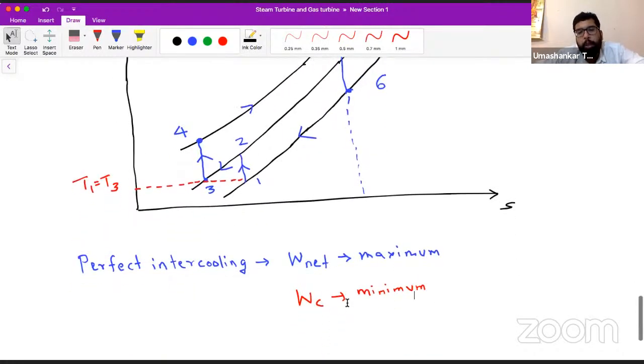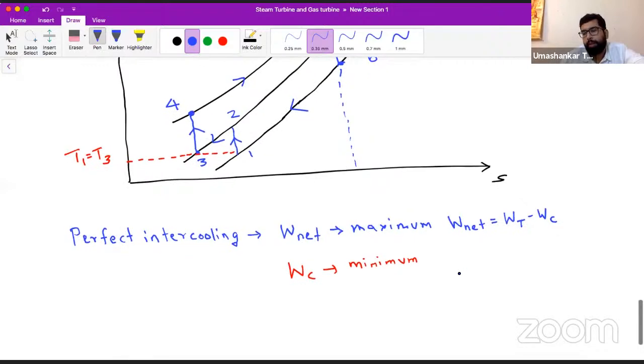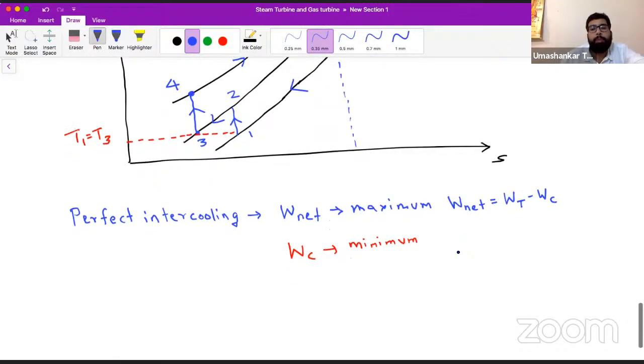Got my point? So now in order to have the network maximum, we know that the network is turbine work minus compressor work, WT minus WC. So if WC is minimum, definitely W net is going to be maximum.